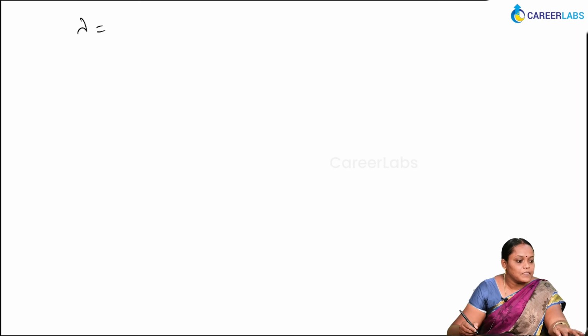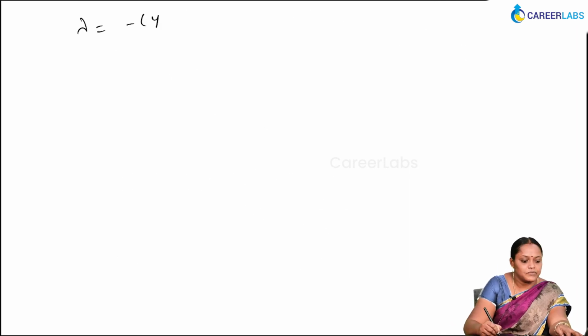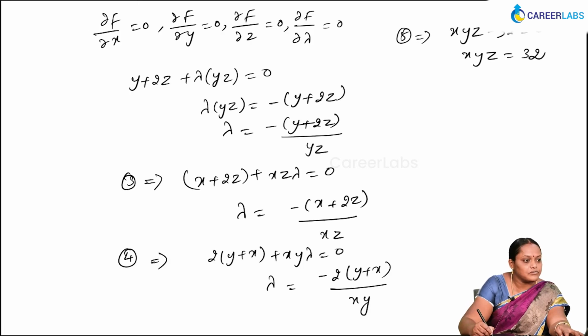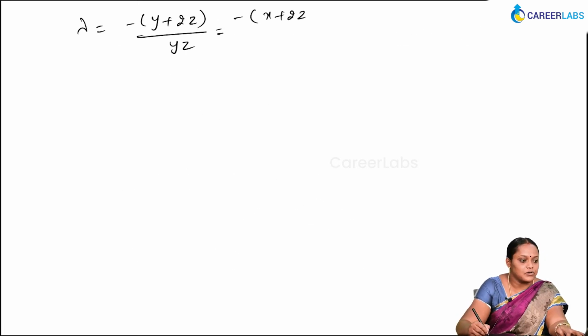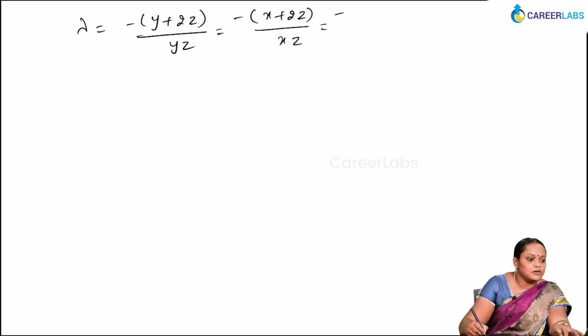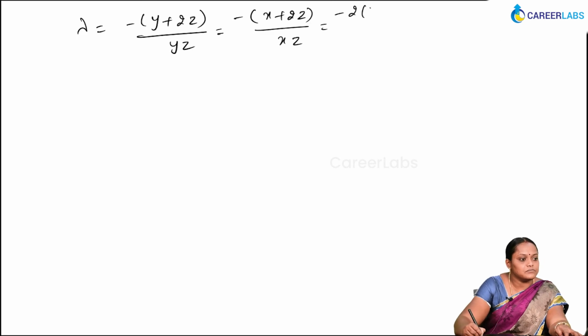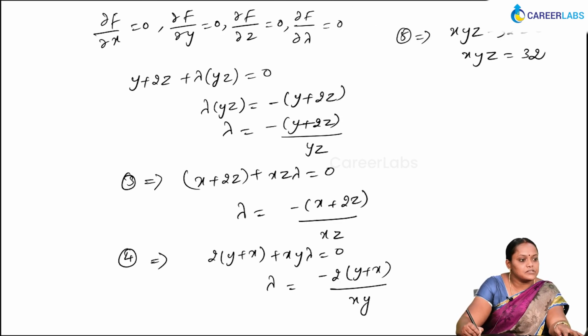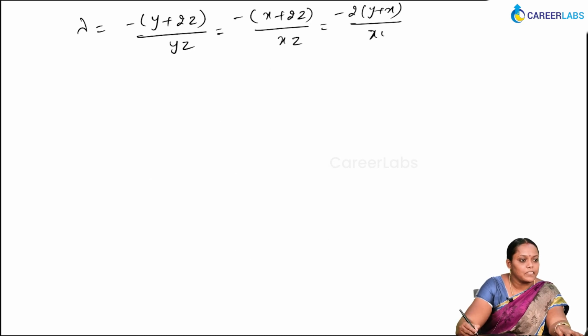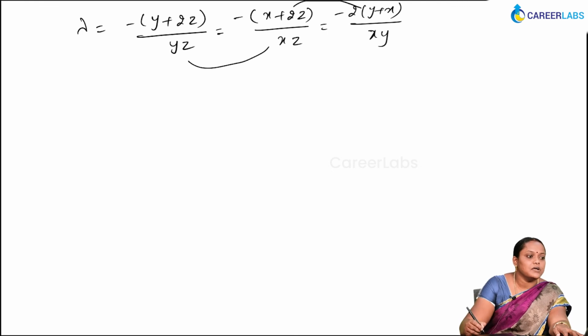That means that lambda is equal to minus y plus 2z divided by yz, which is equivalent to minus of x plus 2z divided by xz, which is equivalent to minus 2 times of y plus x divided by xy.